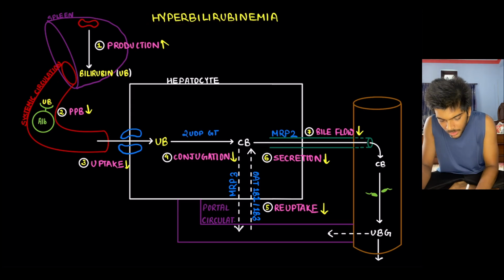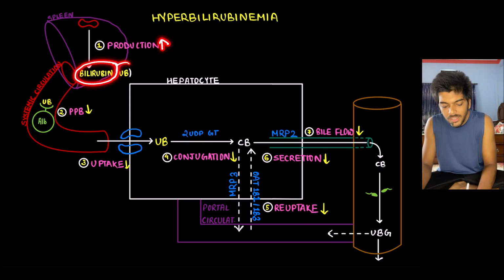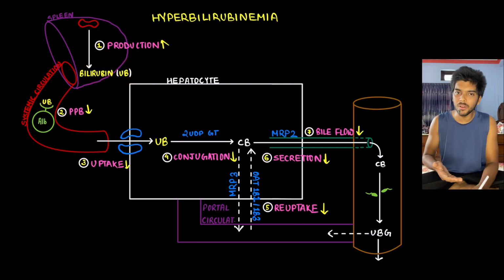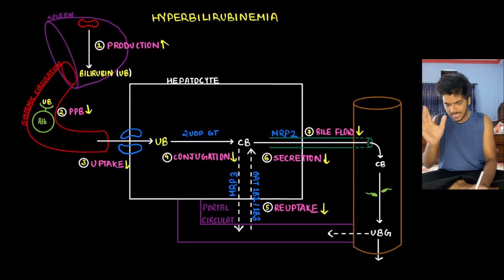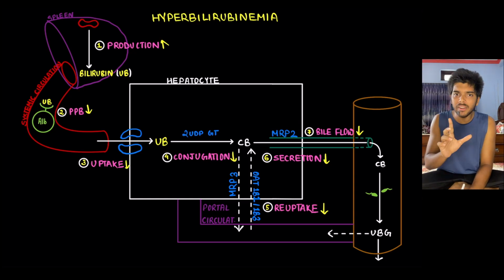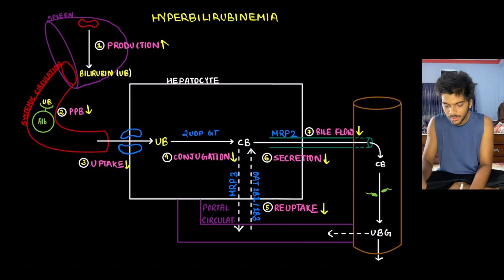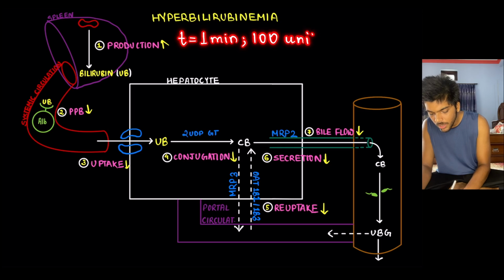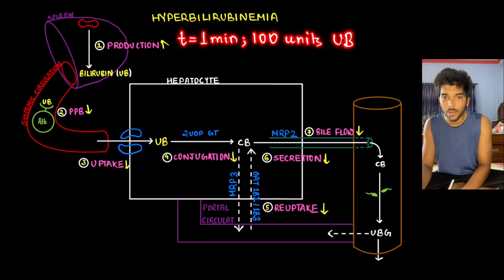Hyperbilirubinemia. First, if there is increase in the production of bilirubin, which is unconjugated bilirubin, beyond the capacity of the liver to conjugate it, obviously it is going to be very high in the blood, leading to unconjugated hyperbilirubinemia. An example, okay? Hypothetically, let's say in time 1 minute, 100 units of unconjugated bilirubin is produced by our spleen.